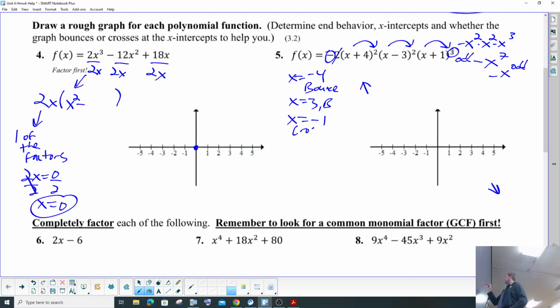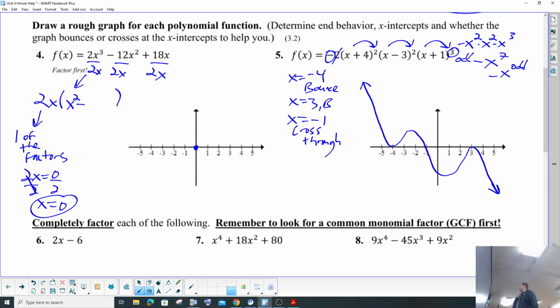So odd means cross through. There we go. So we're going to start off high until we get to negative 4. Then we're going to bounce off of it. Then at negative 1, we're going to cross through. And then x equals 3, we're going to bounce. Nice. Okay, there we go.